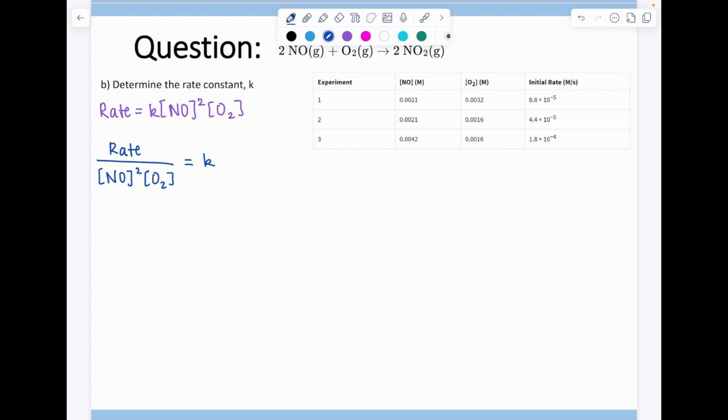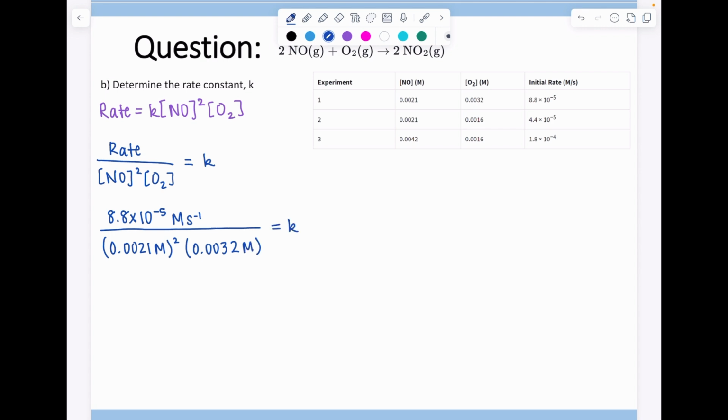So you can pick any experiment. I picked the first one. So the rate here is 8.8 times 10 to the negative 5th molarity per second divided by concentration of NO squared, so 0.0021 molarity squared, and then concentration of O2, 0.0032 molar.